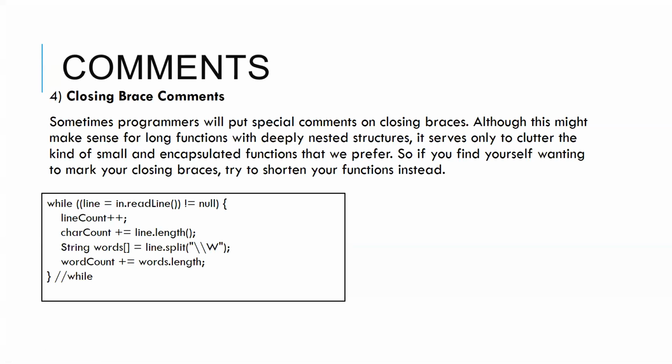Also, there's a practice among certain programmers to write closing brace comments. That is, after closing braces, they have a habit of writing special comments to tell which particular block of code is closed by this closing brace, that is, whether it is a while or a for or an if or an else.